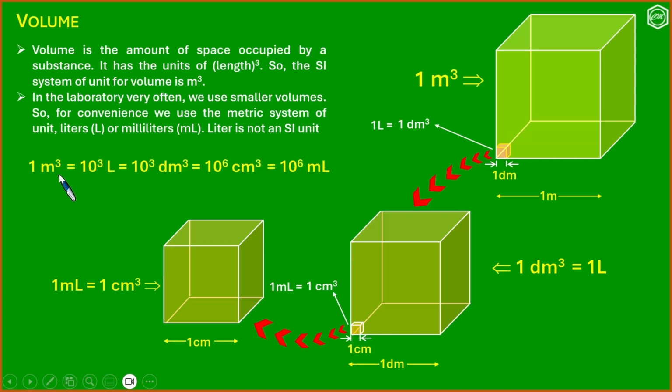So therefore, 1 meter cube is 10 raised to 6 milliliter, or 1 meter cube is 10 raised to 3 liter. Then 1 ml is equal to 1 centimeter cube, and that will be 10 raised to minus 3 liter. And again, it is same as 10 raised to minus 6 meter cube.